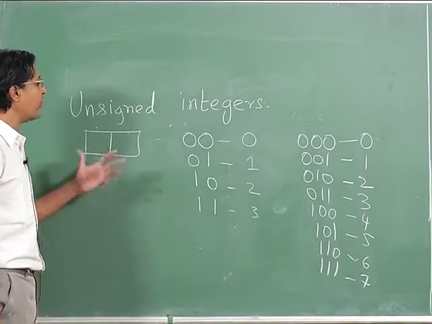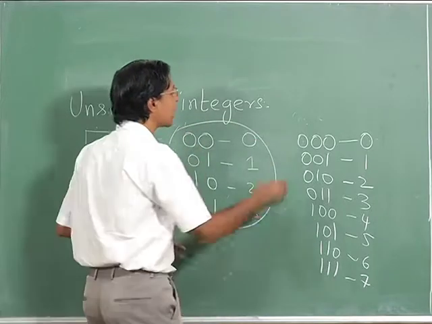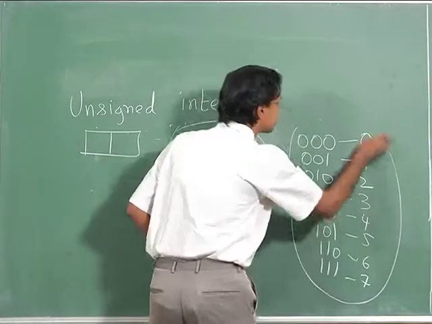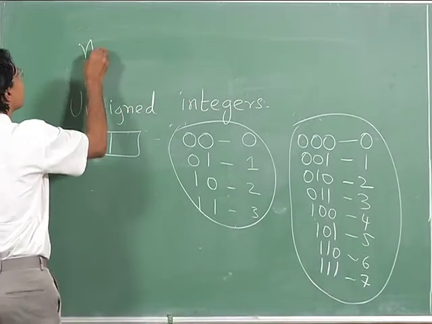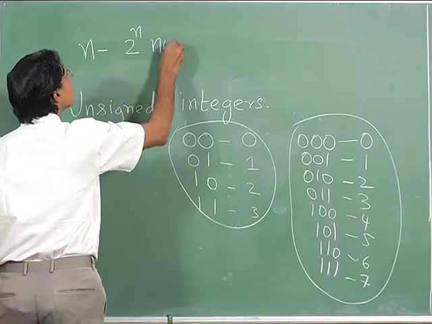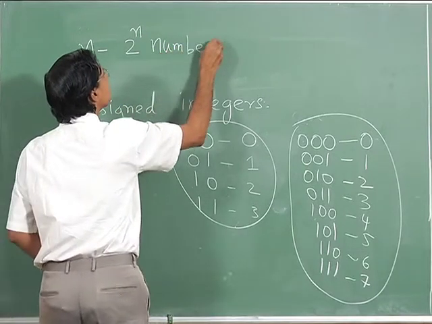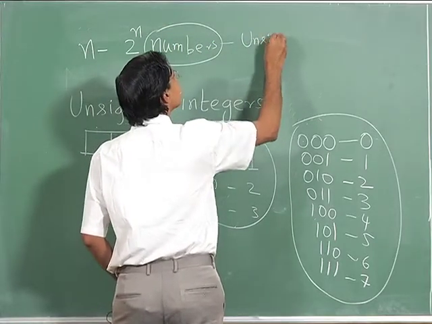So if I have 2 bits, I can represent up to 4 numbers. If I have 3 bits, I can represent up to 8 numbers. If I have n bits, I can represent up to 2 power n numbers. These numbers stand for unsigned integers.